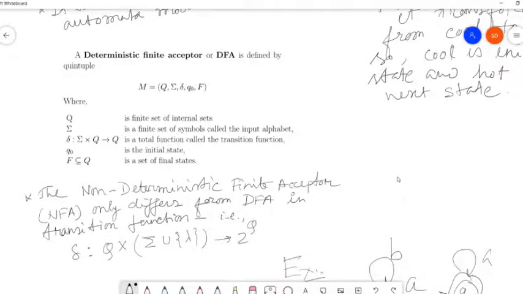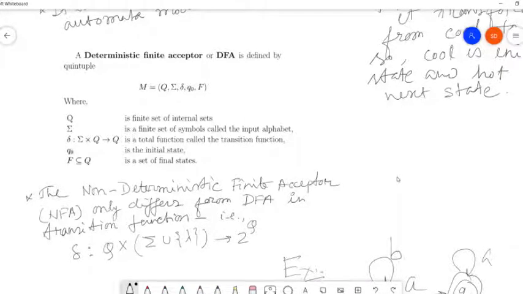Q is a finite set of internal states. I have already defined what a state is. If the system goes from one state to another upon accepting a symbol, all the states during the process of accepting can be thought of as a set.